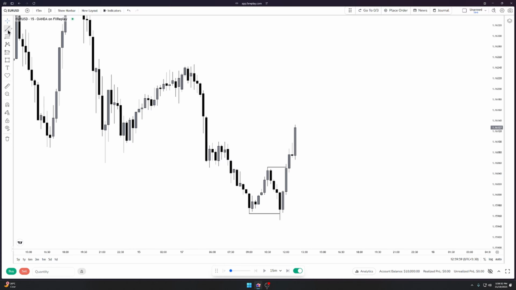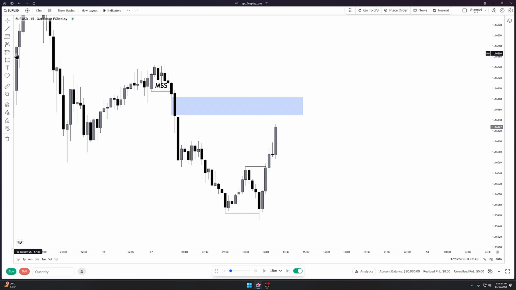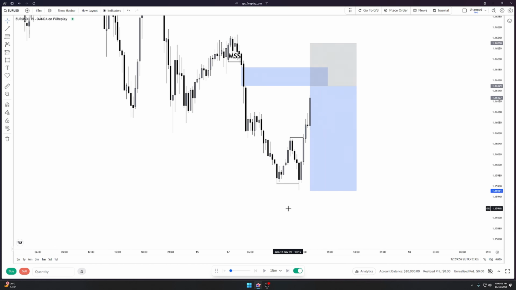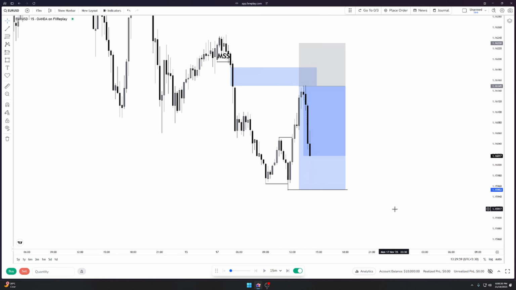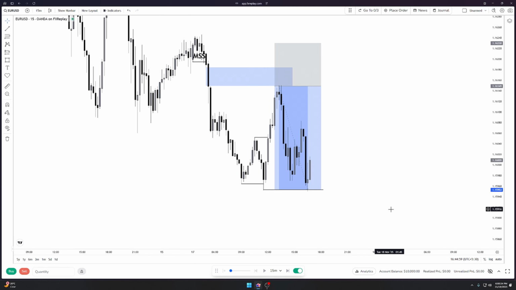But remember, we already had a buy-side sweep and a market structure shift, which we used in the previous example. We also have a fair value gap, so we will enter short again, place our stop above the gap, and target the sell-side liquidity. Once again, we got our target.